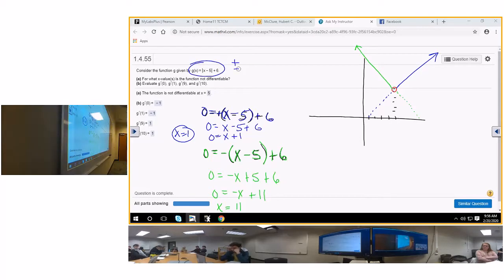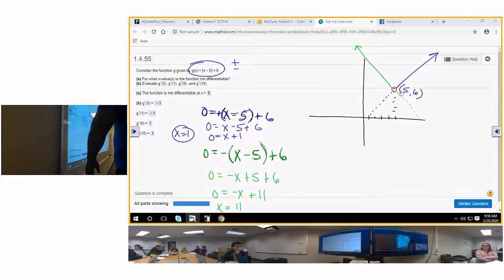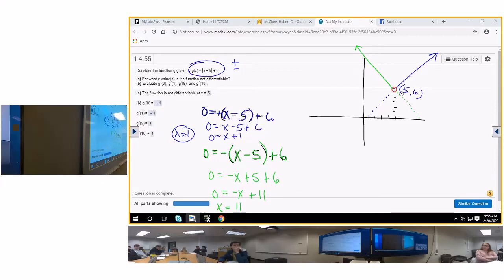Okay? For what value is the function not differentiable? That's going to be at x is equal to 1, 2, 3, 4, 5. 5, comma 6 is the vertex, which is not differentiable. Okay? And g prime of 0, they're telling you to find the differentiation of this function.